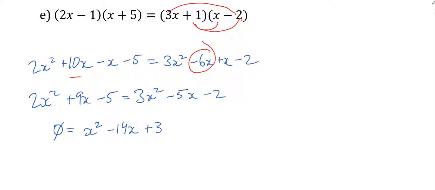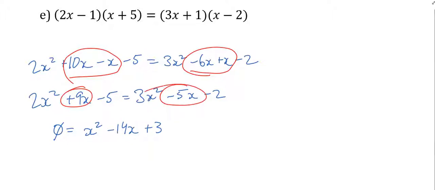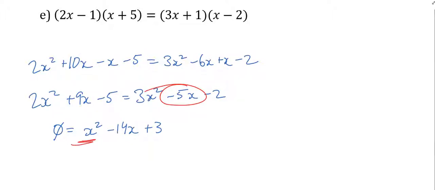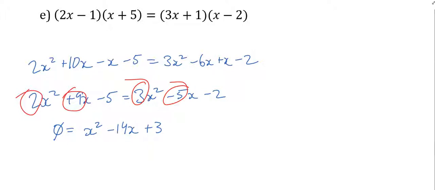I collected these together to get 9, and I collected these together to get negative 5. And then I moved everything to the right so that this was positive. So this was 3 minus 2, negative 5 minus 9. If you got the wrong answer, you can just scratch it out and write the right answer under if you want. I brought it to the other side, and everything is just like the opposite side.